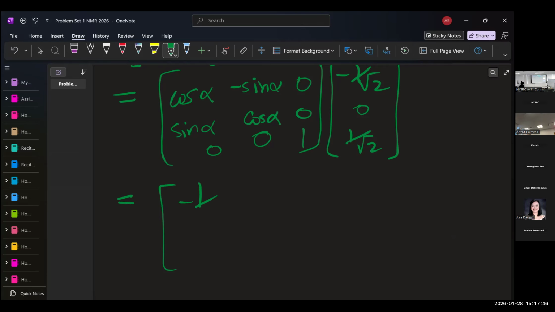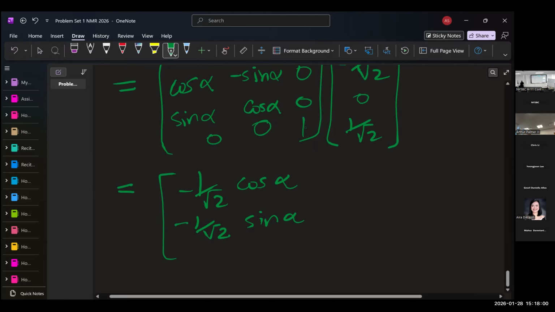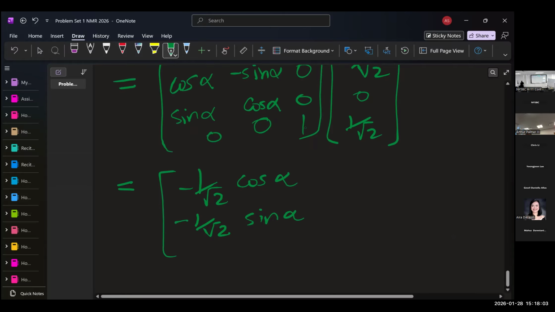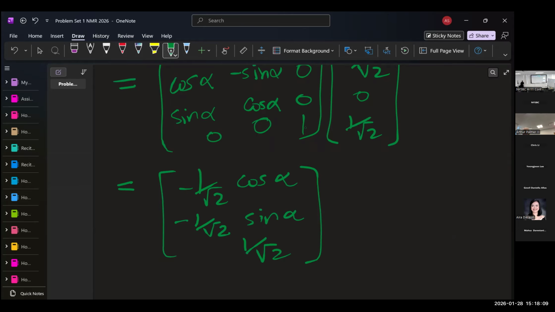And then the Y component had better come back as minus 1/√2 sine alpha, just from thinking about the right-handed rotation without actually multiplying the matrices together.